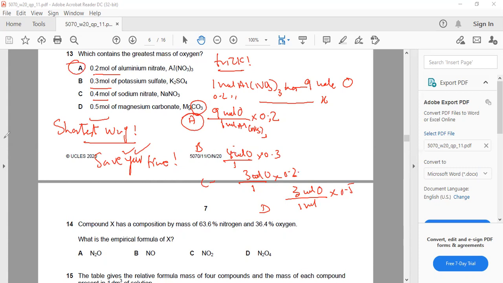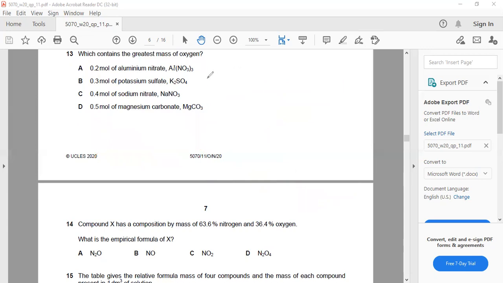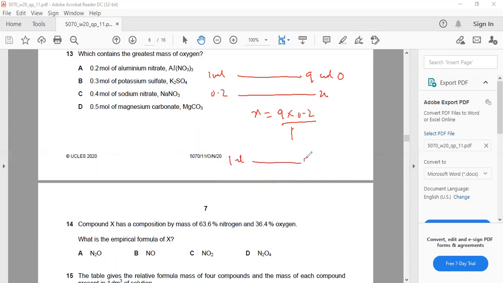Got it? So if you are weak in this way of calculation, then you should do this: 1 mole aluminum compound has 9 moles oxygen. 0.2 has how many? Don't calculate, just make the expression and leave it. 1 mole, 4 moles oxygen. 0.3, how much?